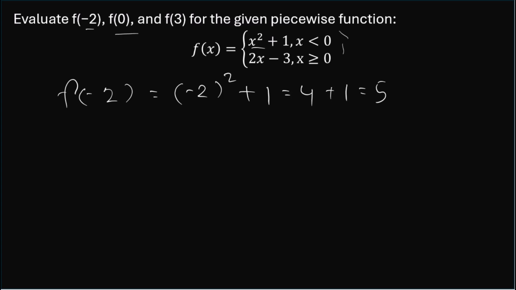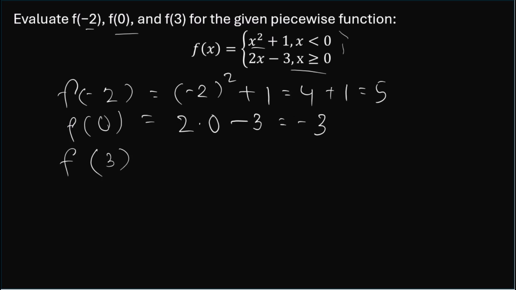The second one is 0, so x greater than or equal to 0, so the second function applies. So f of 0 equals 2 times 0 minus 3, so we get minus 3. And the third one, f of 3: 3 is greater than 0, so also the second function, 2 times 3 minus 3 equals 6 minus 3 equals positive 3. So these are the three values.